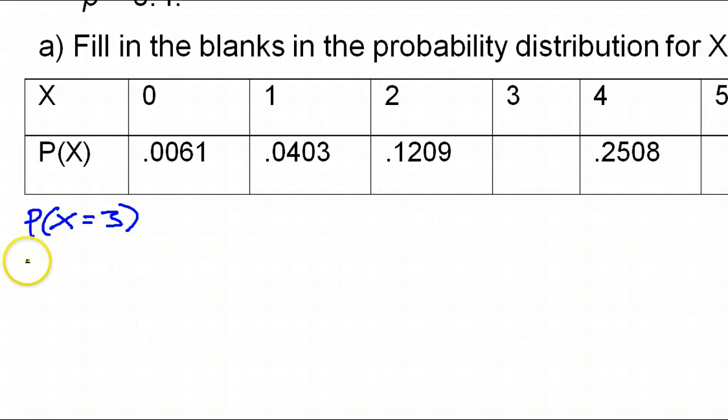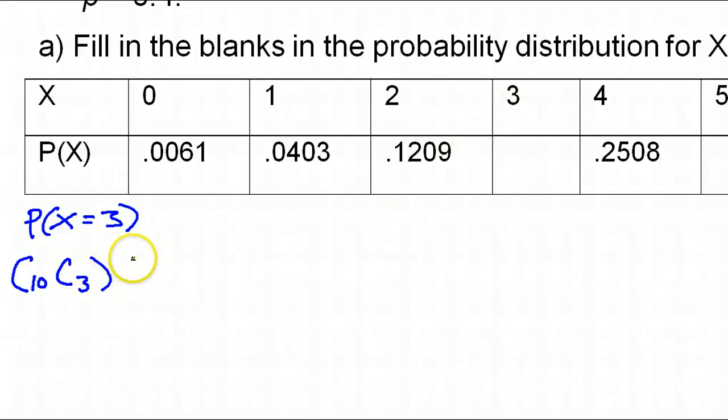So, like I said, first the combination. Total of 10, so I'm going to do 10 choose 3, since 3 is the number of successes that we're trying to get.